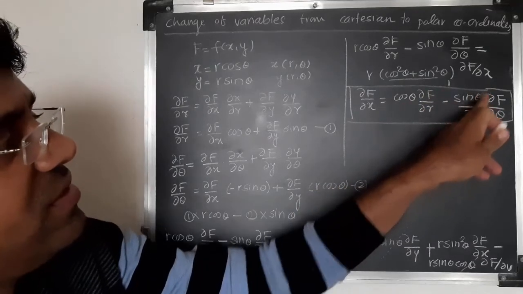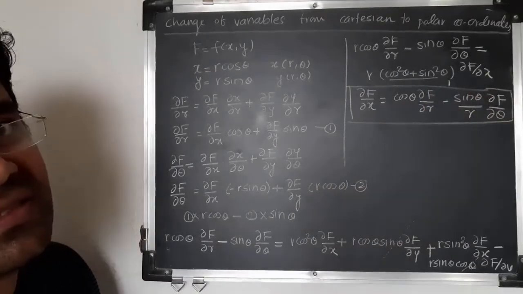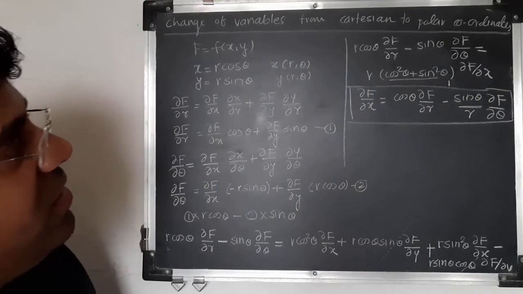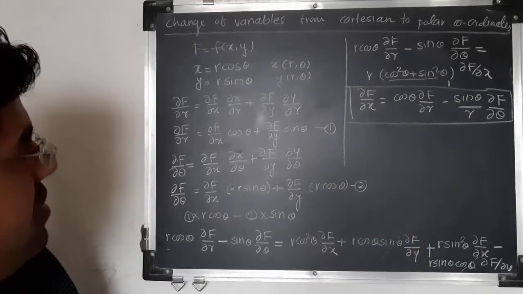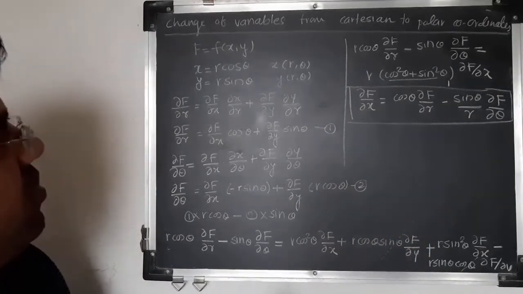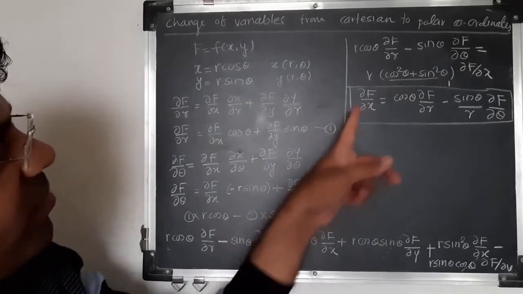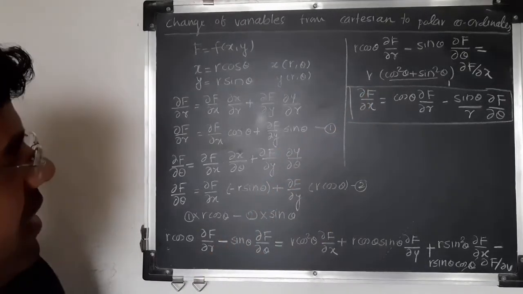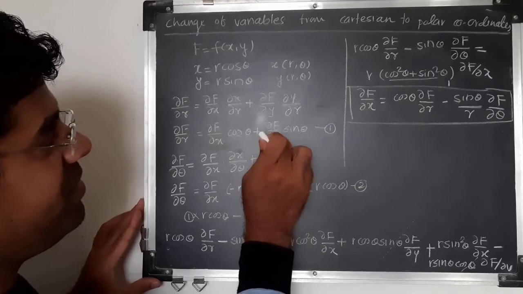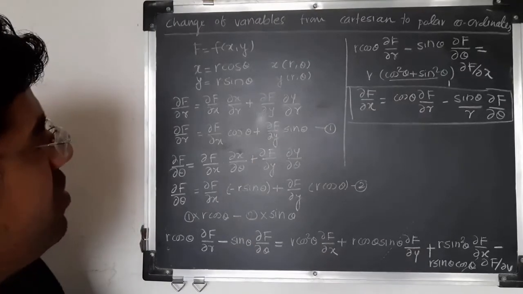So this is one case: ∂f/∂x is equal to cos theta ∂f/∂r minus sin theta upon r ∂f/∂theta. Another case is you want to find out ∂f/∂y.